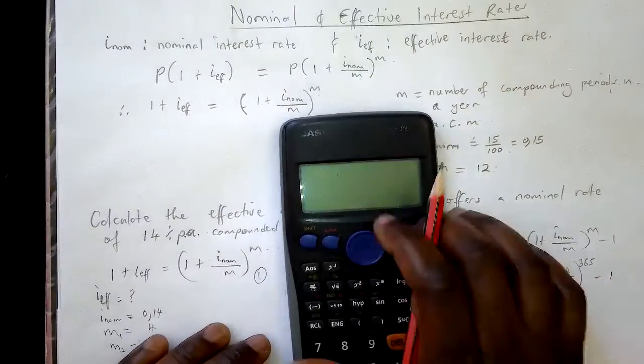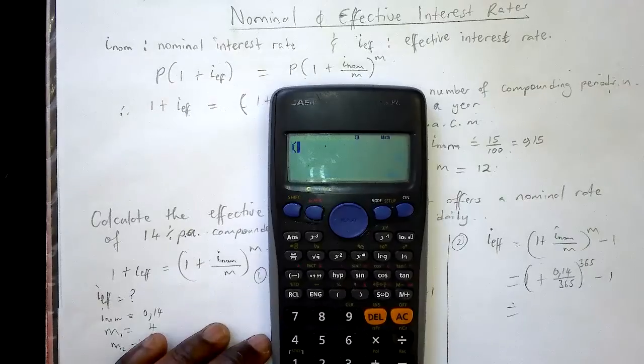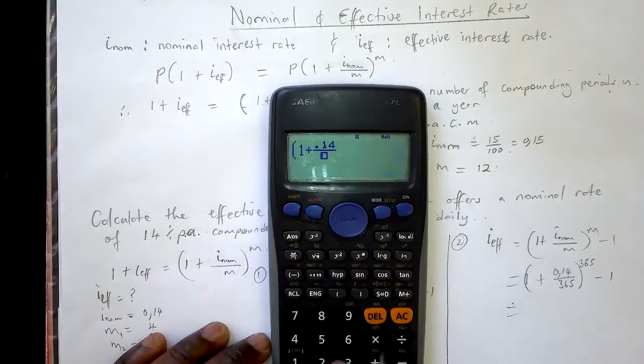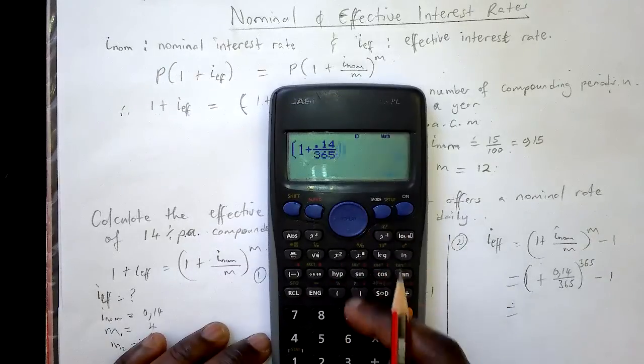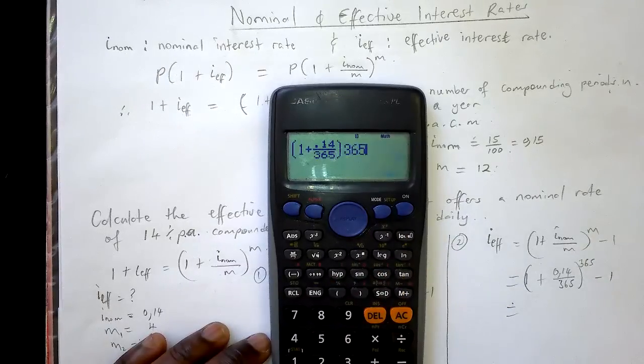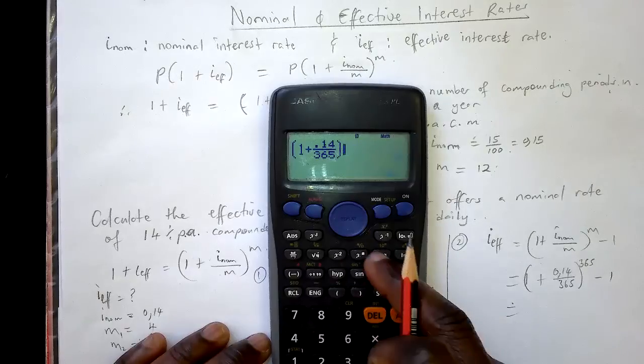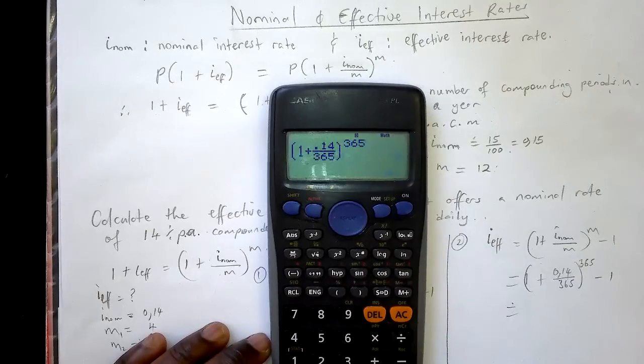We put in our calculator 1 plus 0.14 over 365, to the power of 365. Then what do we get?